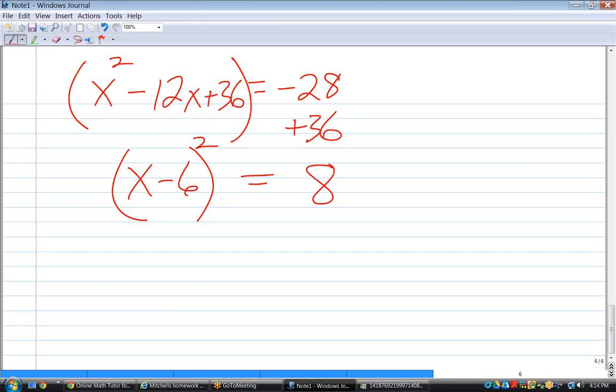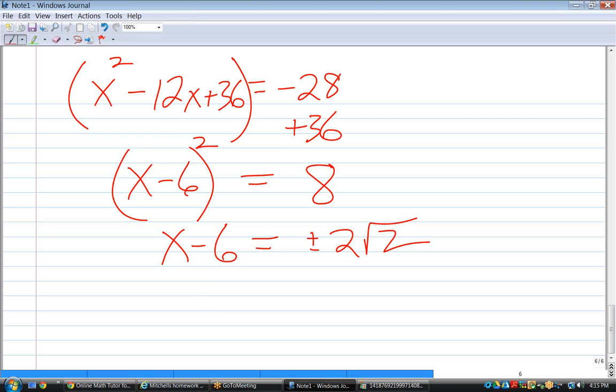And then it's just 8. Okay. Next, square root of that. So x minus 6 equals plus or minus the square root of 8.